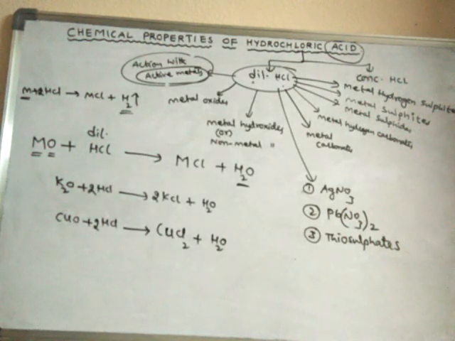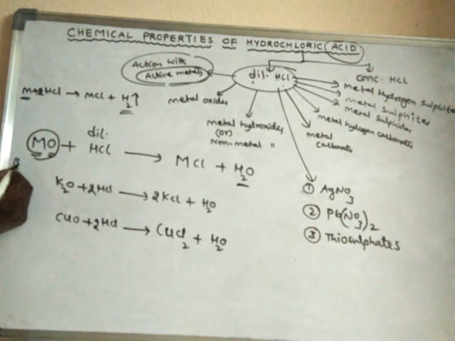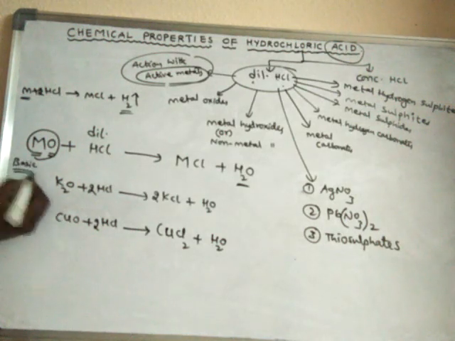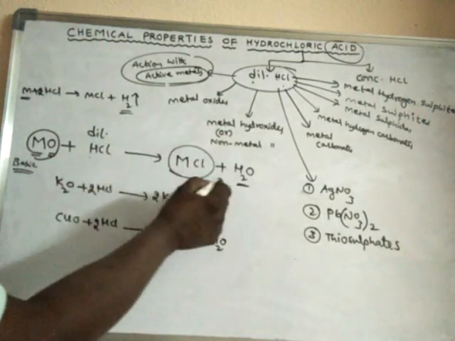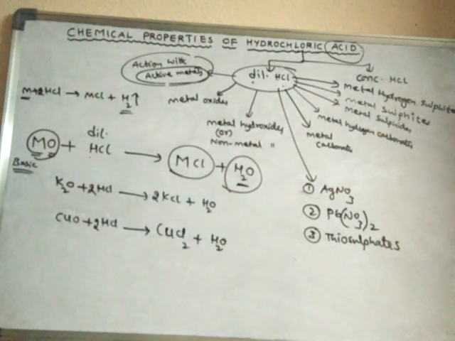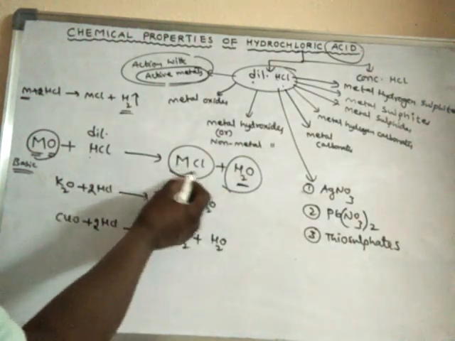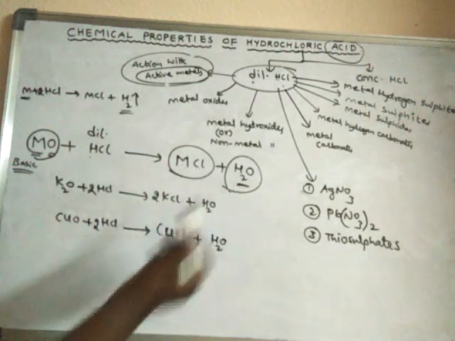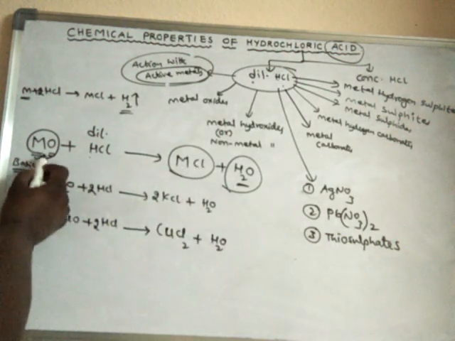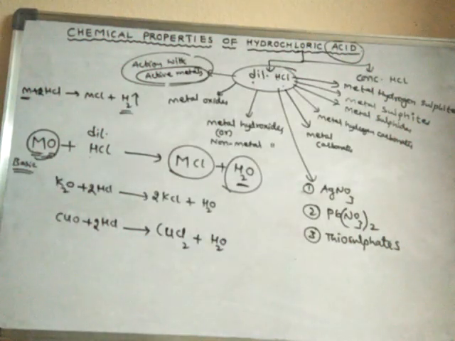Look here, this metal oxide is basic in nature. Whenever a base reacts with an acid, it forms a salt and water. So metal chlorides are salts, and water is formed. Metal oxides are generally basic in nature.